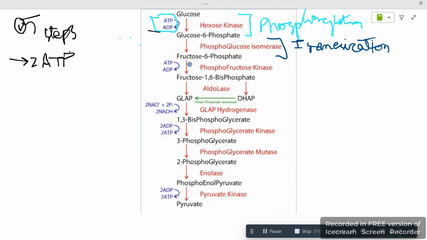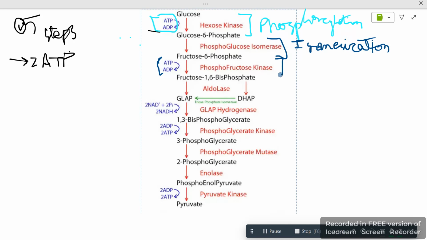Then the third step is from fructose 6 phosphate. It will form fructose 1,6 bisphosphate. One phosphate would be added. Here ATP would also be used. As I just told you, 2 ATP would be used. The first time it has been used, and the second time ATP would be converted into ADP. So 2 molecules of ATP have been used. This is the third step. The enzyme used is phosphofructokinase.